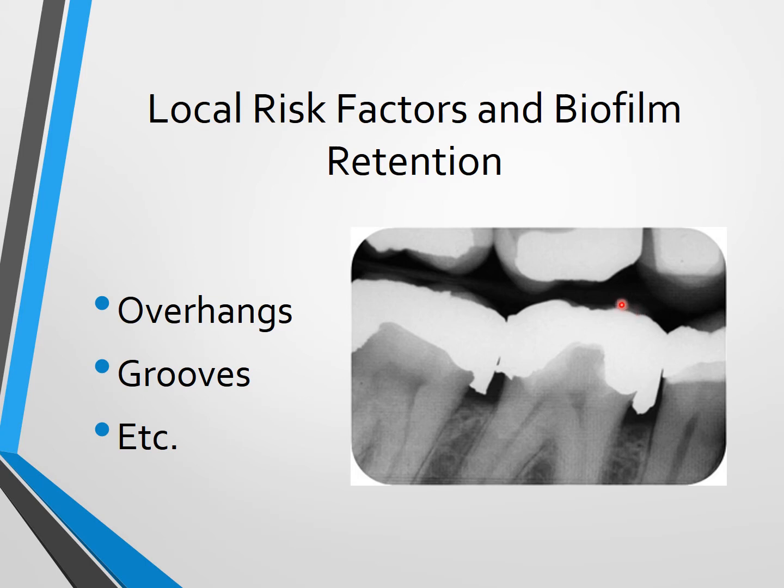If you look at tooth number 30 as well as 31, they both have large overhangs. These overhangs would cause plaque retention right apical to them, and the patient would not be able to adequately remove the plaque from underneath the overhang.